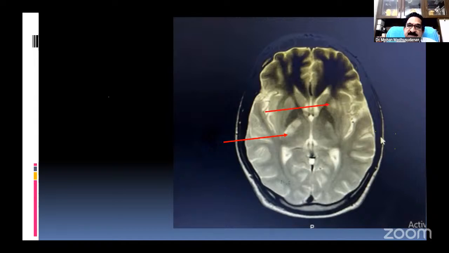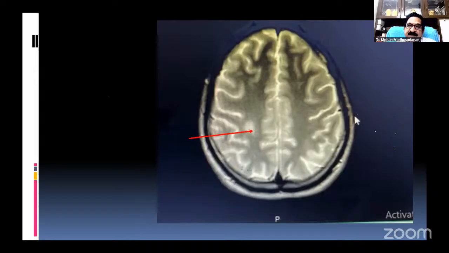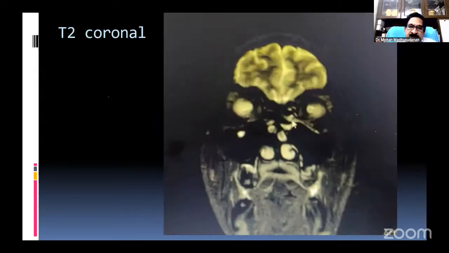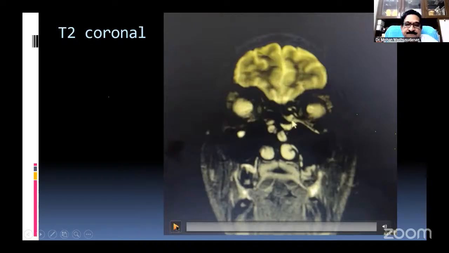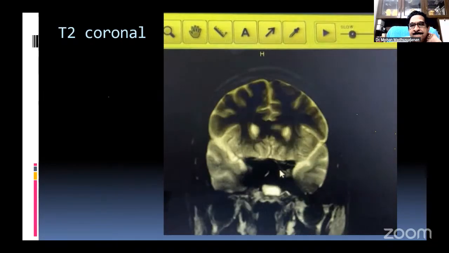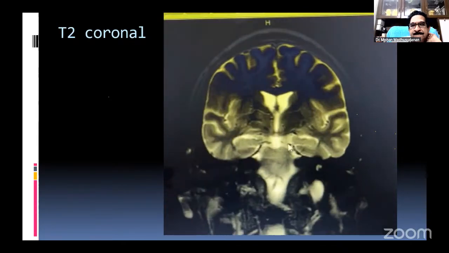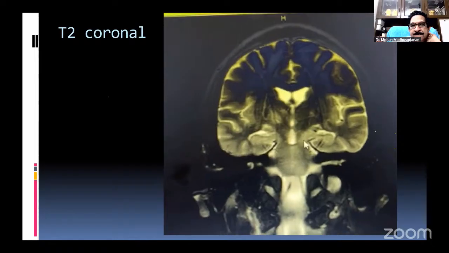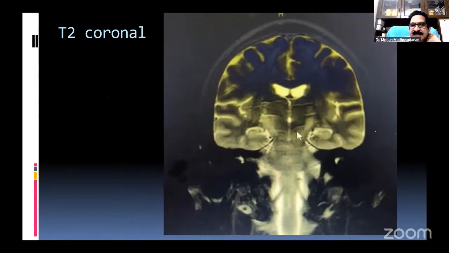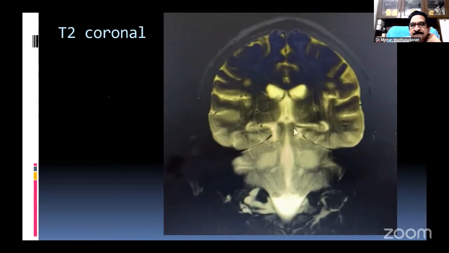Caudate nucleus and the putamen on the left side. And the posterior part of the splenium and subcortical white matter. And this is the coronal cut. Again, same thing. You see the extensive involvement of the brainstem.